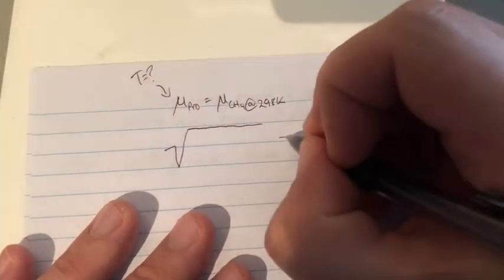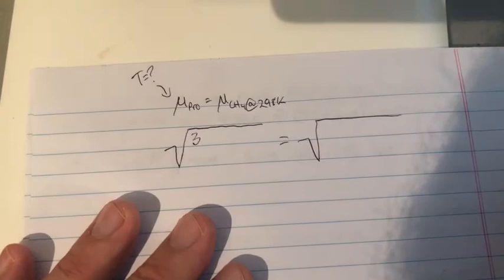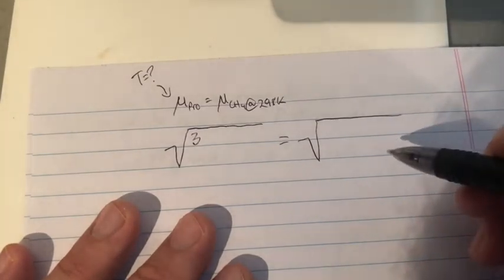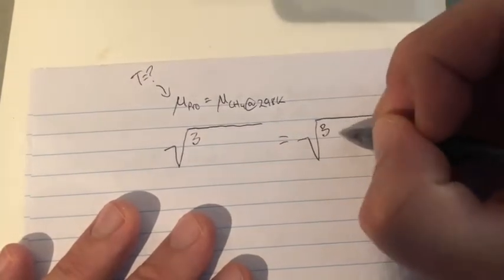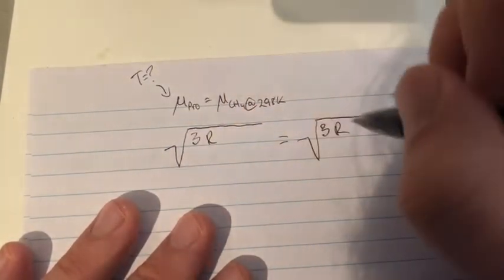Okay, so what we're going to look to do is we're going to equate the two together. This is going to be way easier than you might have expected because there's going to be a lot of repeats. Remember, it's going to be relative to the temperature as well as the molecular weight.